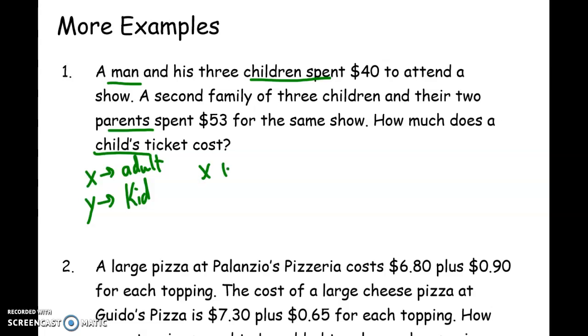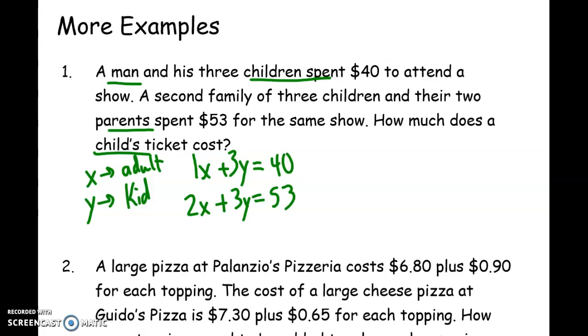So X plus 3Y is equal to 40. However, how many adult tickets were being bought? 1 adult ticket and 3 children tickets. For the second family, we have 2 adults plus 3 children as well. 2x plus 3y equals 53.